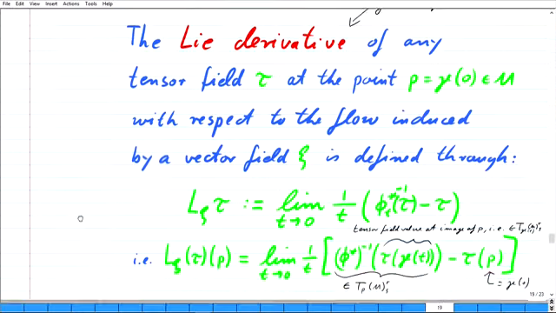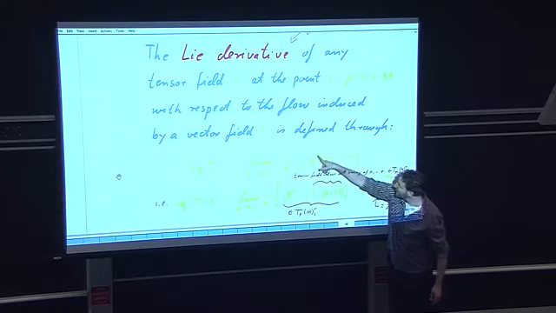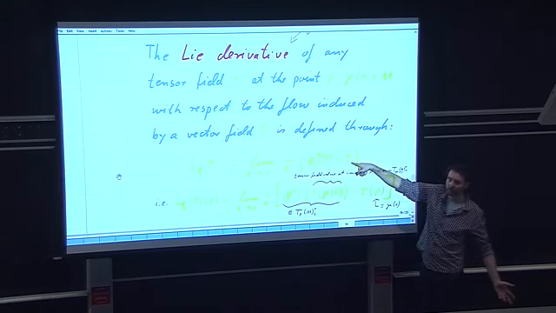And this hopefully looks already a little familiar now. It clearly has the form of a Newton-Leibniz limit, in that it is something minus something divided by t, t going to 0. Here is the tensor field at the original point. And then here we have the tensor field evaluated at the point where you flow to and mapped through this induced map of the tensor spaces back to the point where you started.